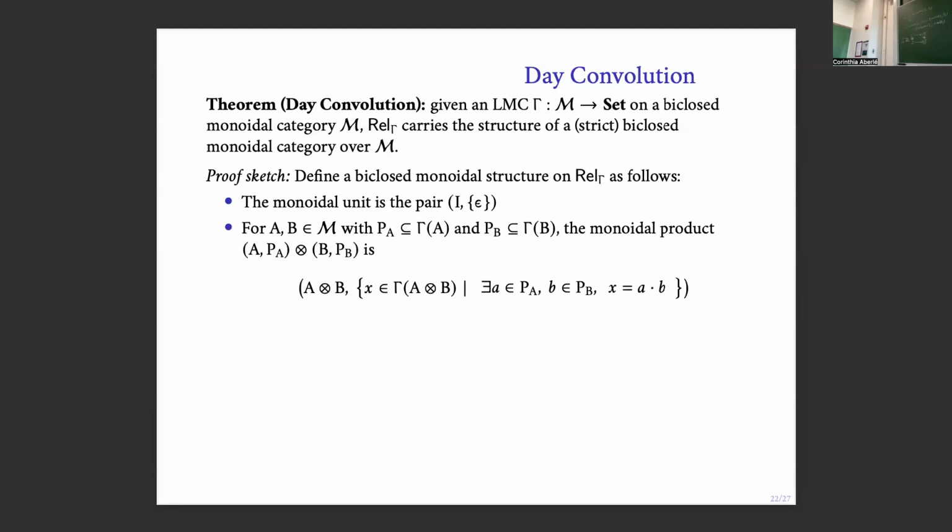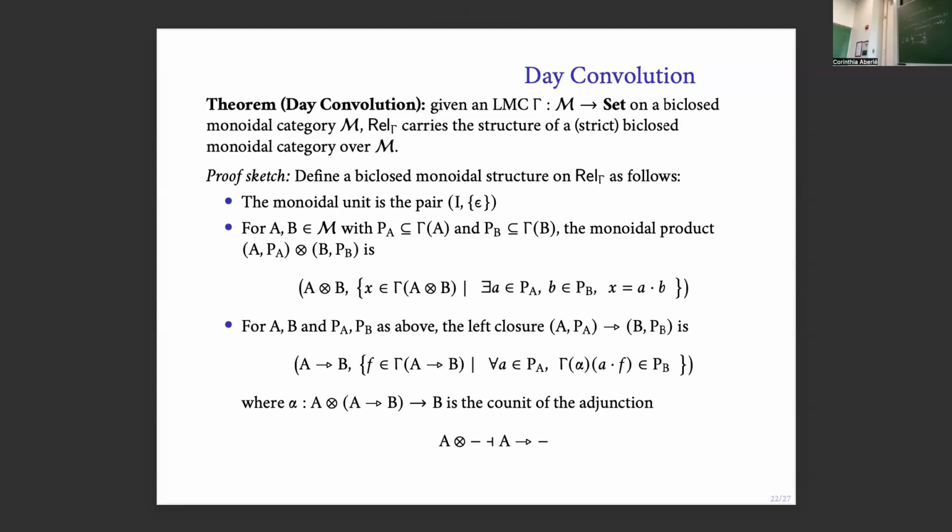And then the relation is the subset of gamma at A tensor B consisting of those x such that there exist a in P of A and b in P of B such that x is equal to the multiplication of a times b, where that multiplication is what we again get from the lax monoidal structure on gamma.